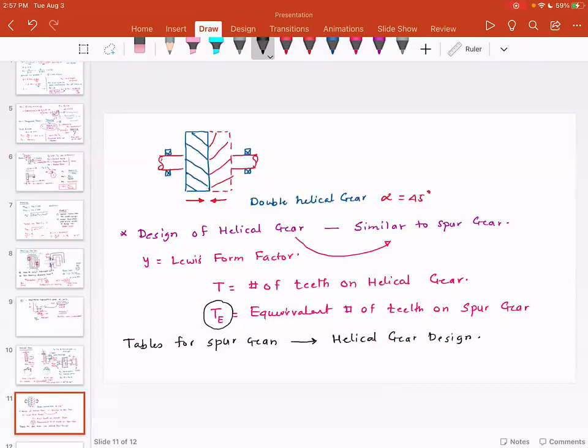So what is the relationship between T and TE? TE is the equivalent number of teeth, that is T divided by cosine cube alpha. So once again, alpha is the helix angle.